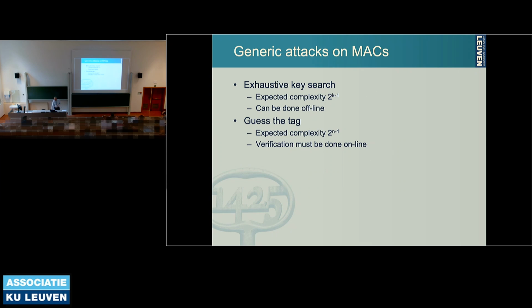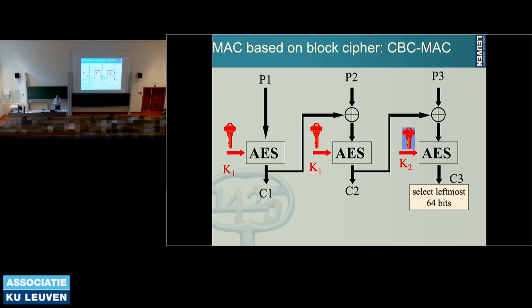Okay. How are these constructions done? Well, popular is the CBC MAC. So you take your message, you pretend that you're doing CBC encryption, but in the end you throw away all the intermediate ciphertext blocks. You only keep the last ciphertext block, and that's your tag.